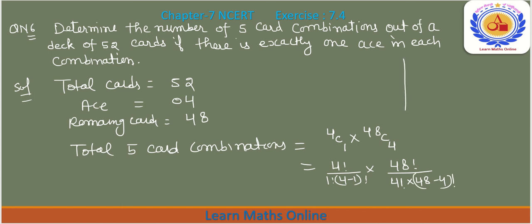So after the simplification, 4 into 3 factorial over 3 factorial, into 48 into 47 into 46 into 44 factorial over 4 into 3 into 2 into 44 factorial.